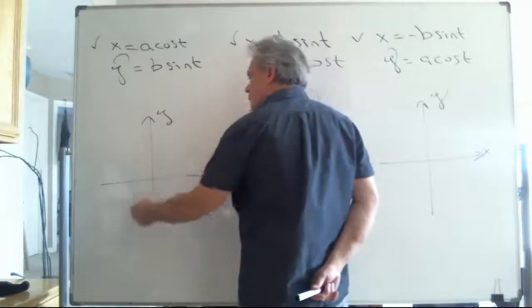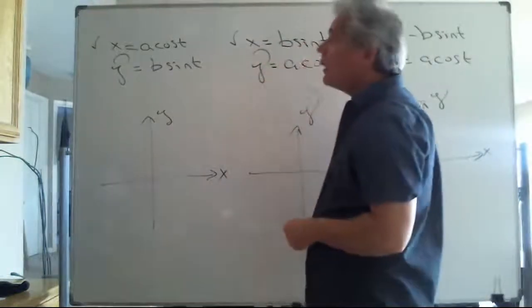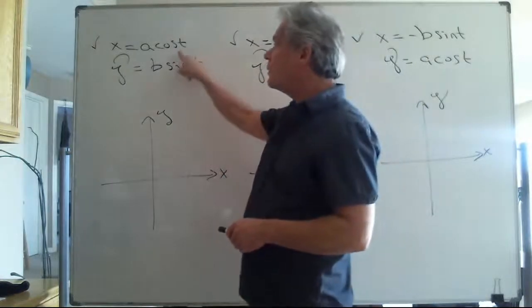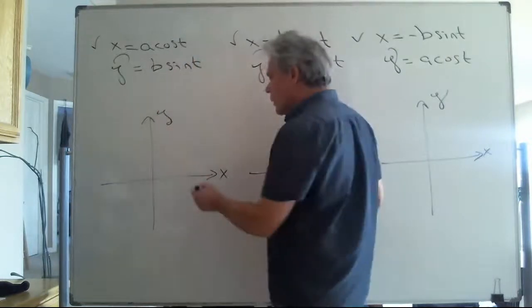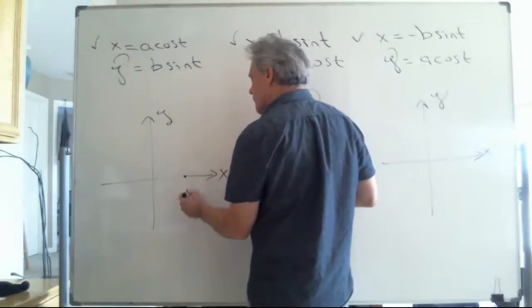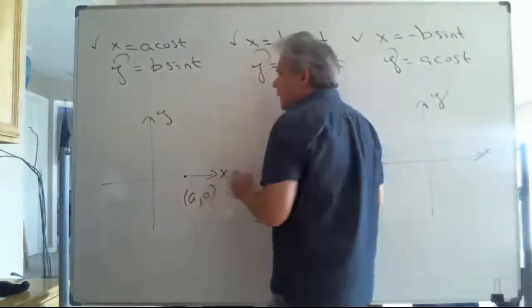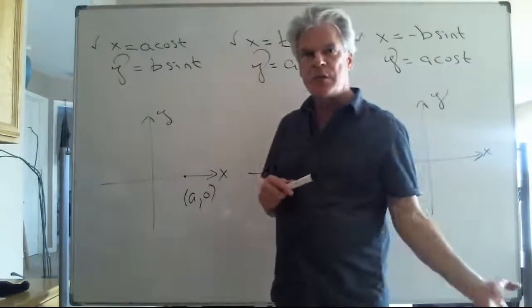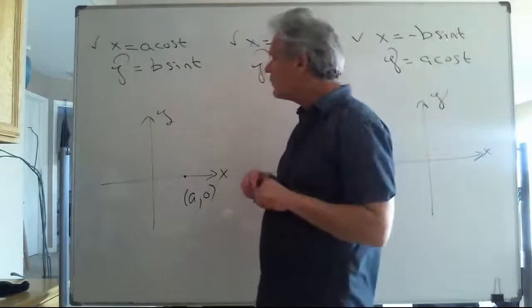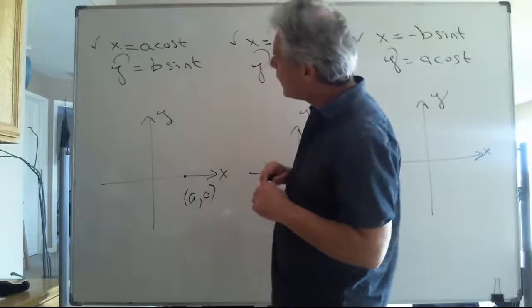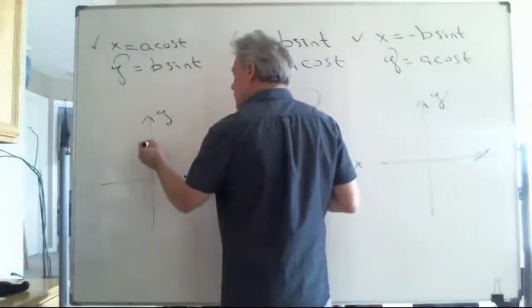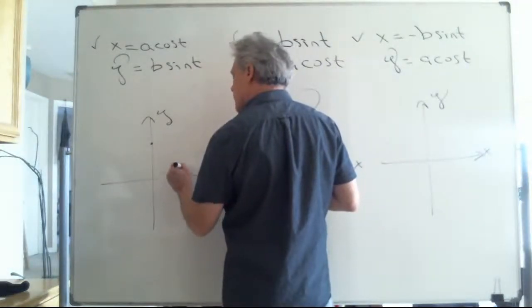Two y-intercepts at 0, comma plus or minus b. However, notice when t is equal to 0, x is a, y is 0. So there's my first point. Now, at pi halves, I should rotate 1/4 of the way through the entire graph. At pi halves, x becomes 0, y becomes positive b. And so I know I start here and I rotate in this direction.